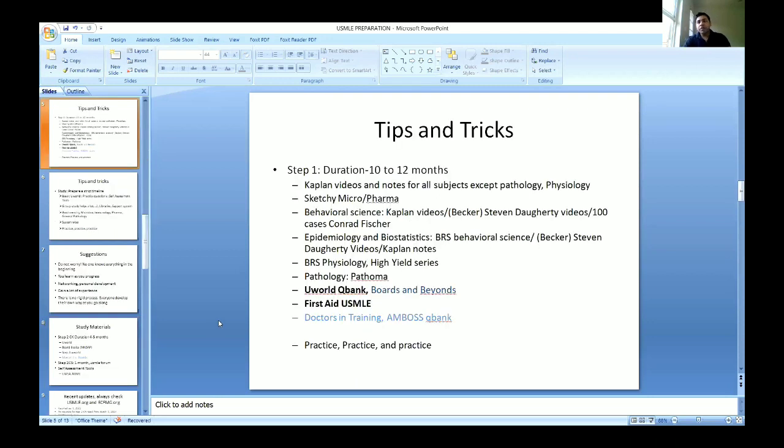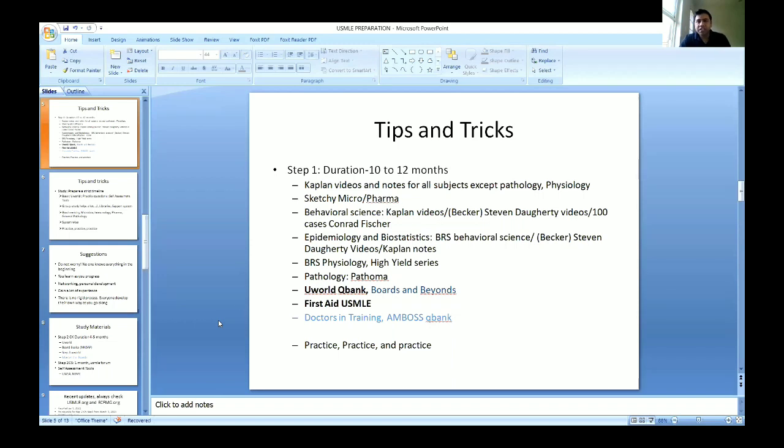So let's talk about Step 1, which is the most important, and the reason I'm saying this is that most people, when they are in the initial phase of Step 1 preparation, because it's a long duration, like 10 to 12 months, leave the preparation.